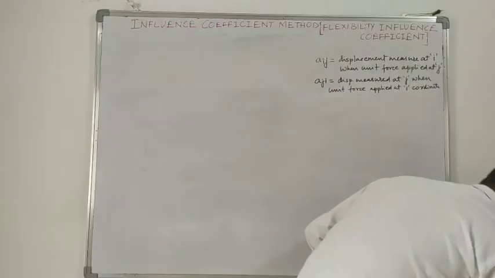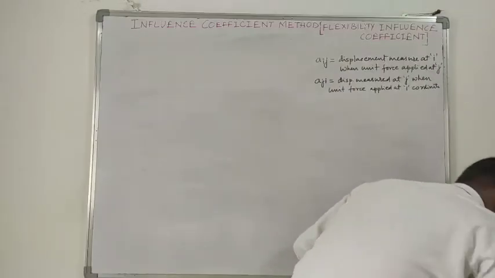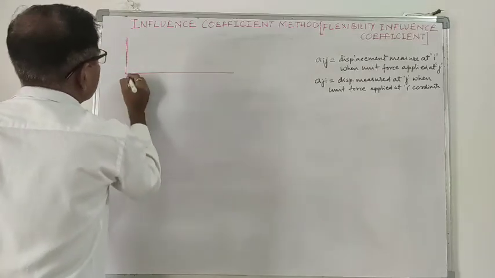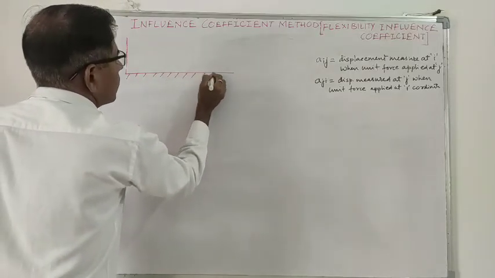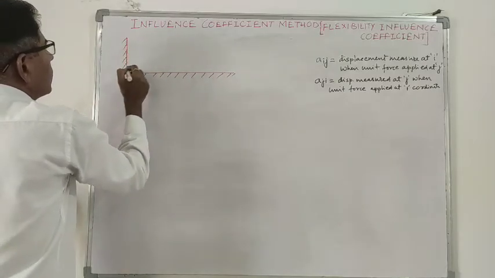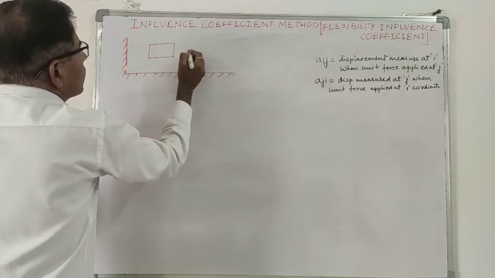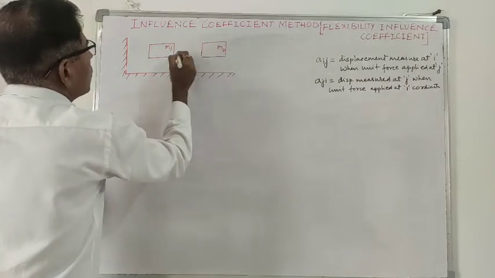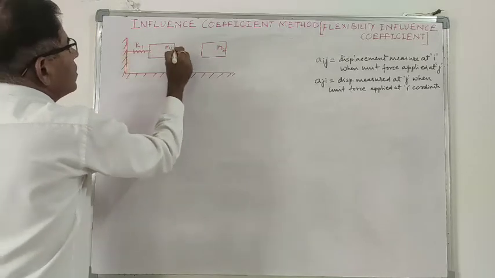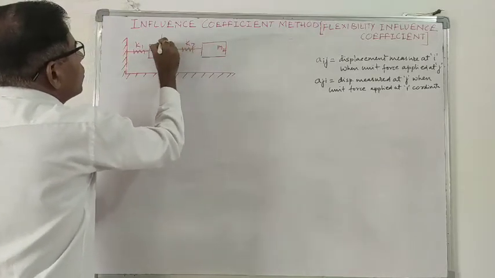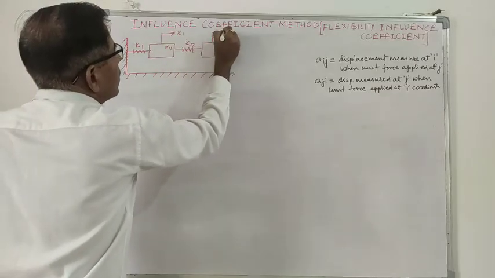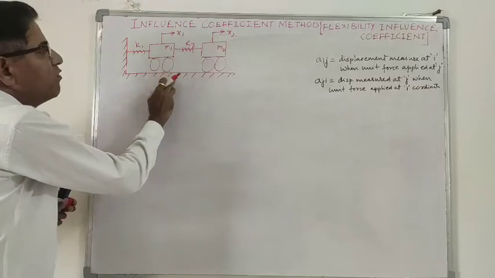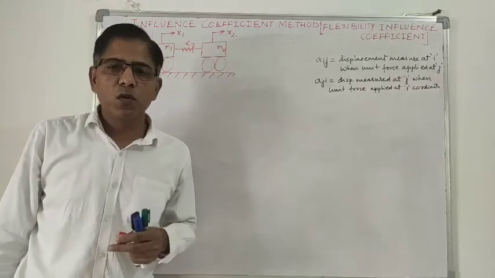So here I will take one example. So this is mass 1, this is mass 2, this is K1, this is K2, this is displacement x1, and this is the displacement x2, and these masses are supported by roller support, and the friction between the surface and the rollers is neglected.